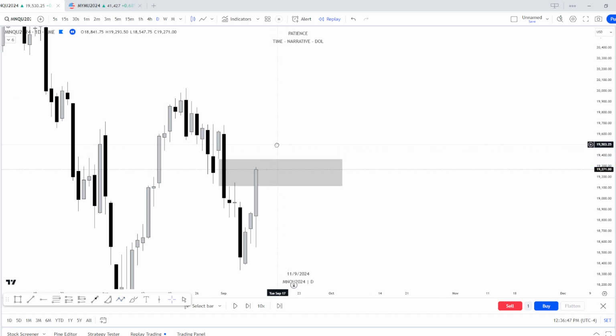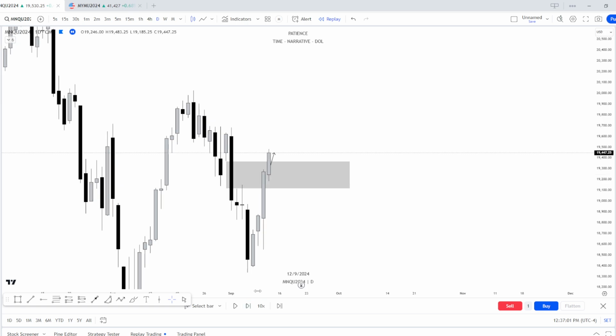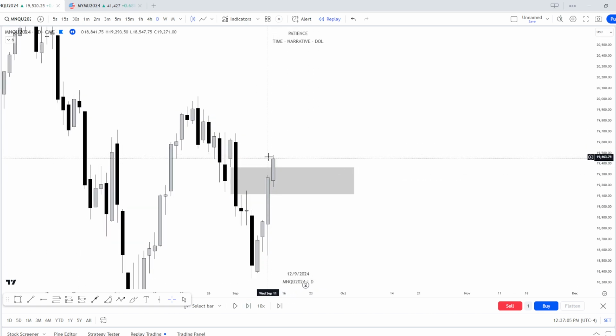So if I'm on the daily time frame, and we're looking at a daily bearish fair value gap, this is still completely valid until we close above it with a daily candle. So if we go to the next candle, we can see this next candle closed above it.